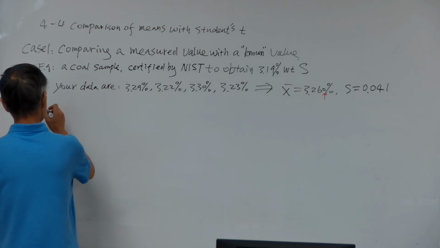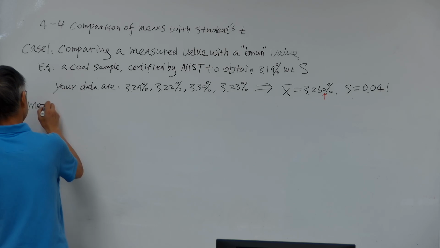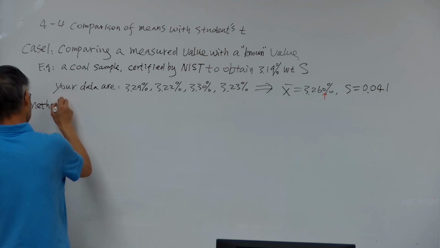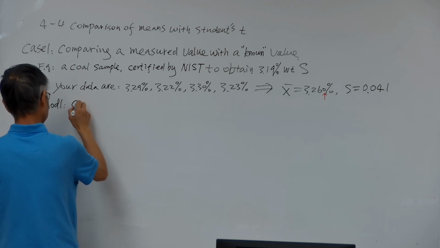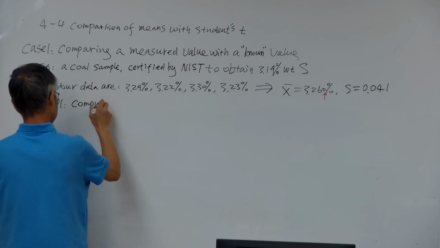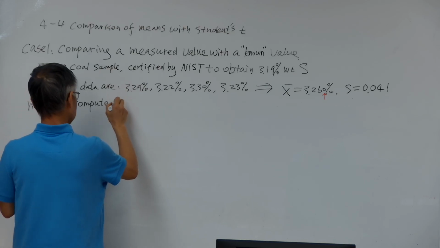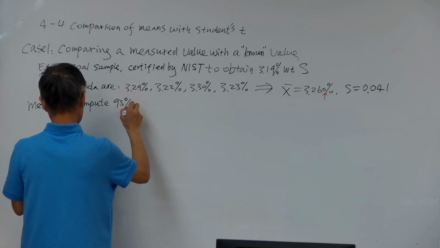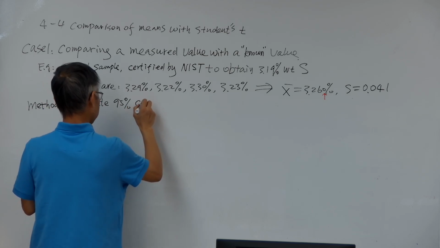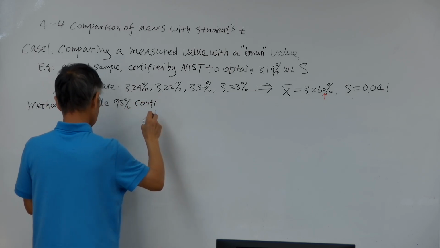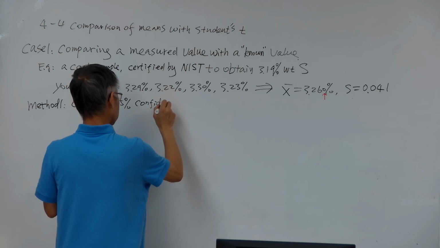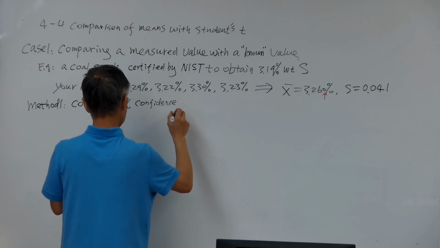So what we can judge is, we have 2 methods for this question. Method 1, compute the 95% confidence level. This is the level most people agree on.